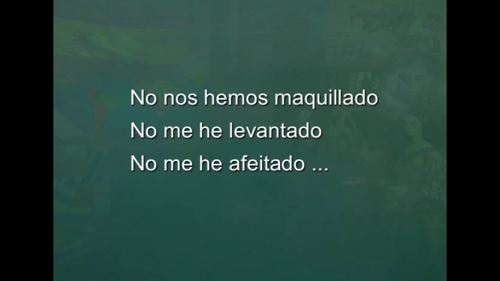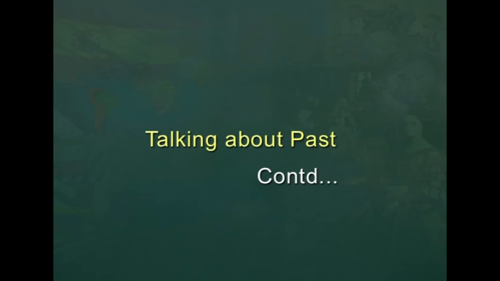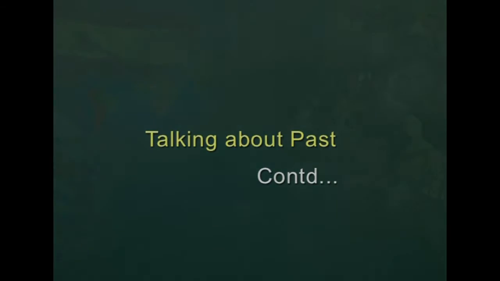In negation, no comes before the entire structure, like no nos hemos maquillado, no me he levantado or no me he afeitado, etc. You can practice these from the exercises that are given. I am sure you got the structure by now.